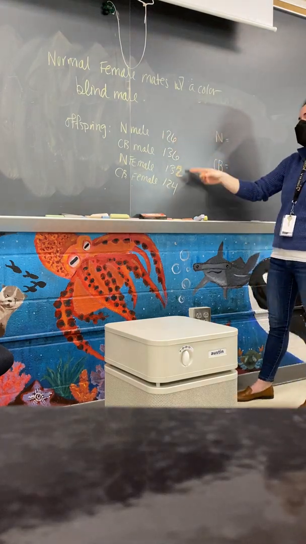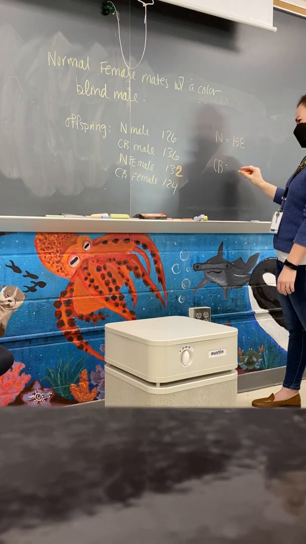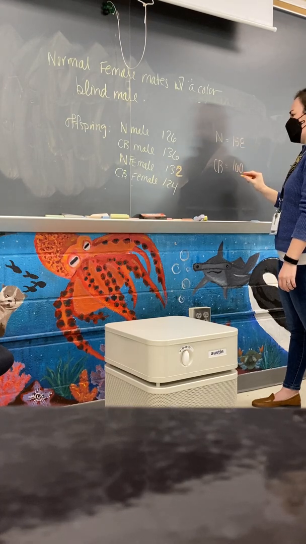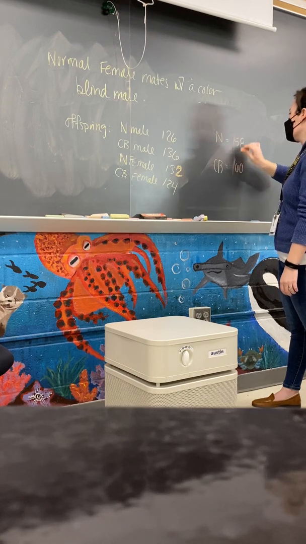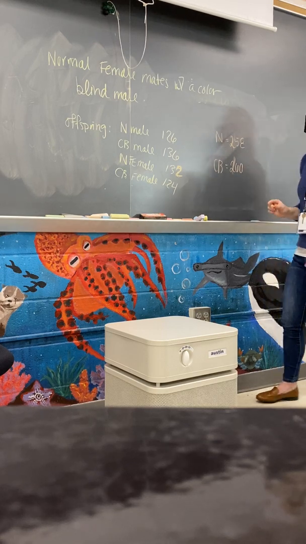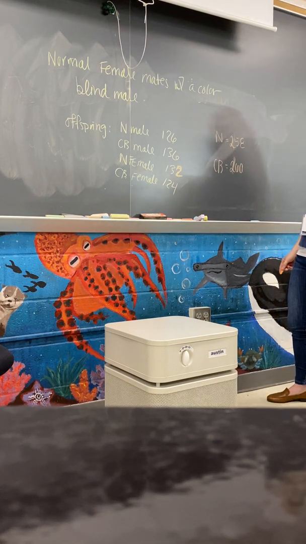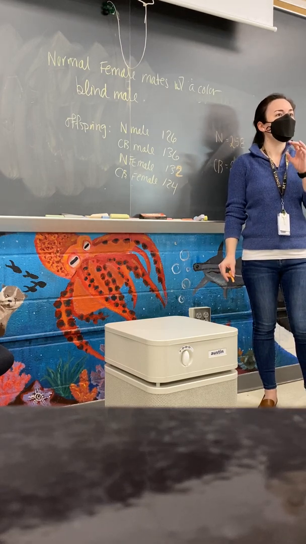So you need to take 126 and 132, right? And what is it, 160? We need our total numbers. We need to figure out what the genotypes of the parents would be if it's inherited with standard Mendelian genetics.